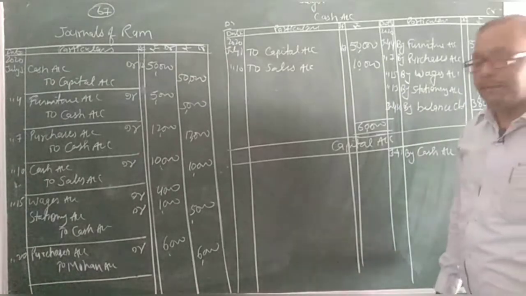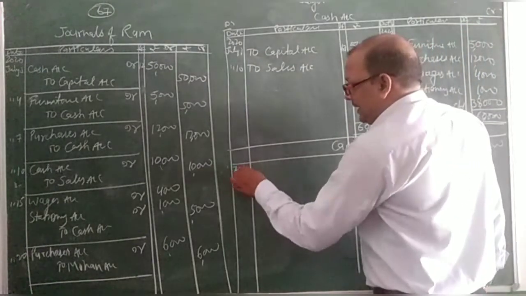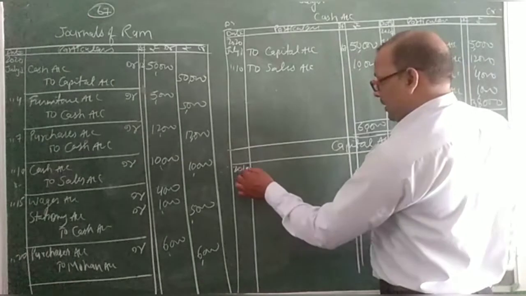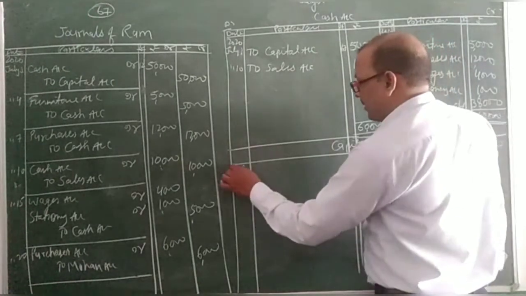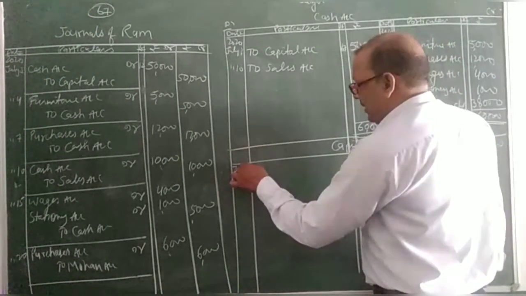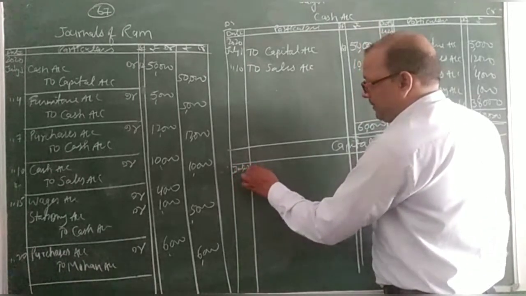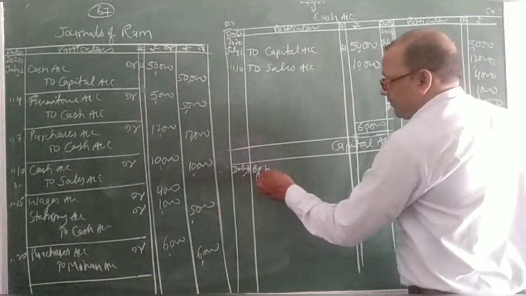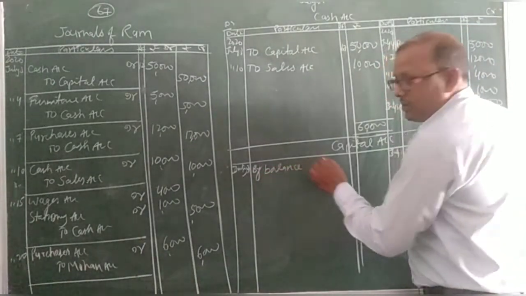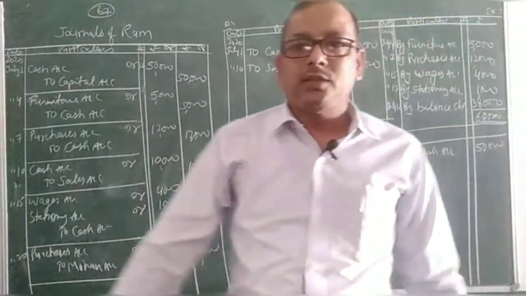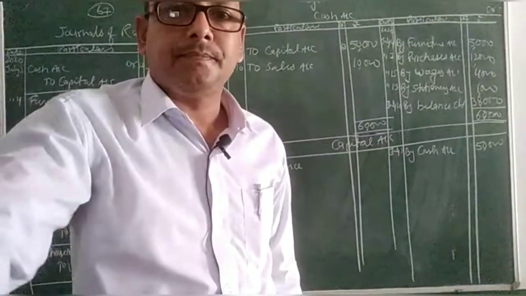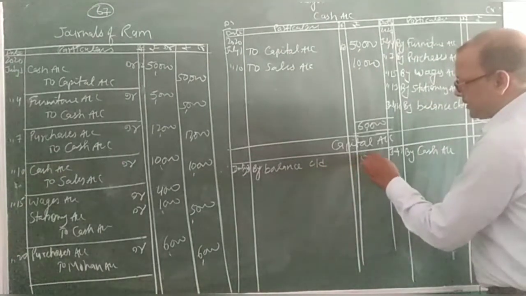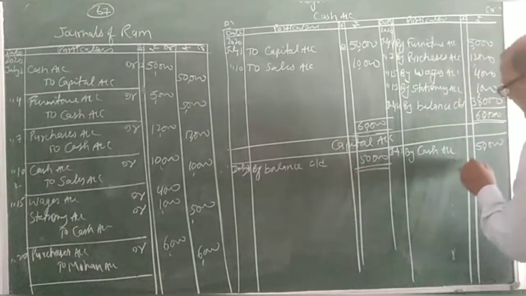No more transactions are given, so on the debit side we can write, on July 31, by balance, the closing balance, because there is no transaction on that side. So by balance C/D it is 50,000 and it is closed.